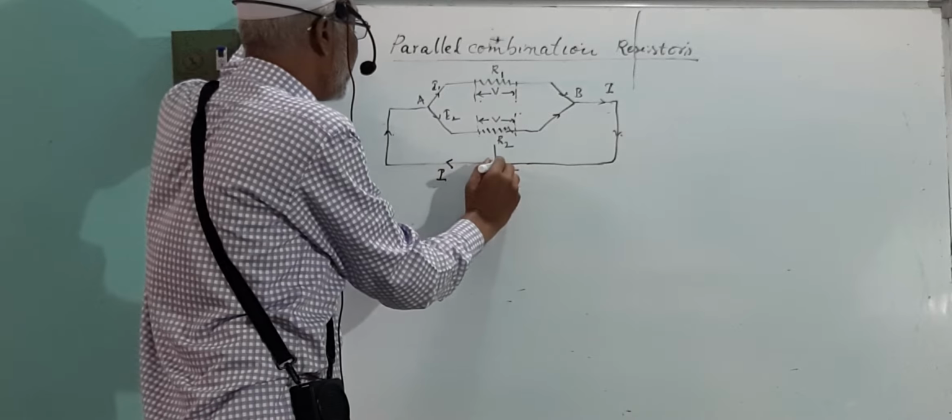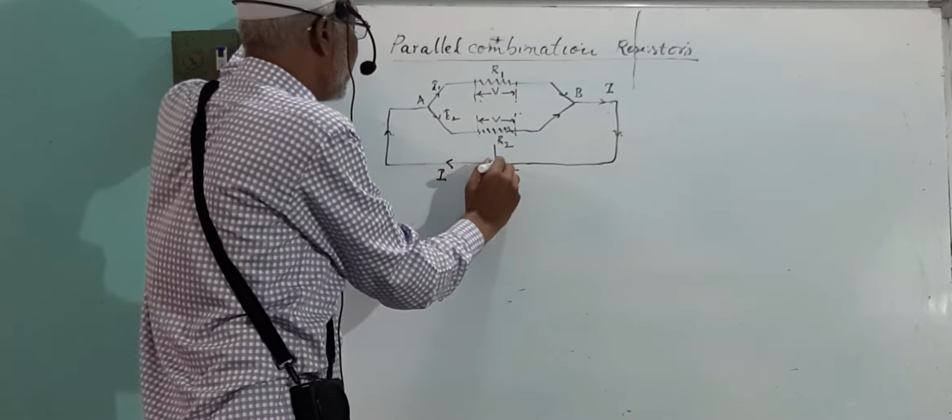As a result, I ampere of current is flowing in the circuit.